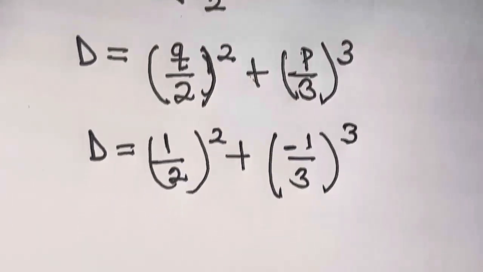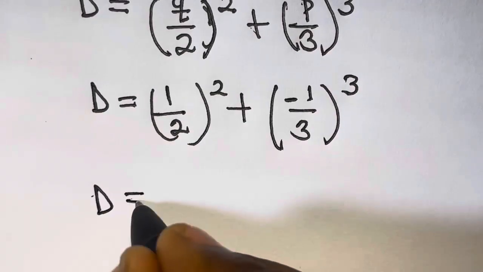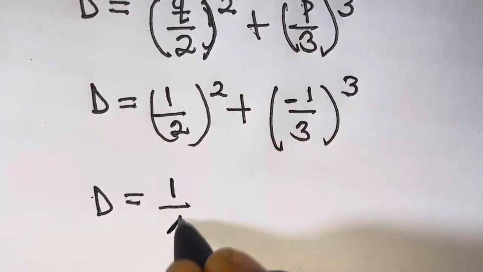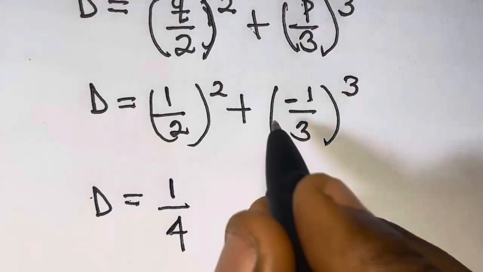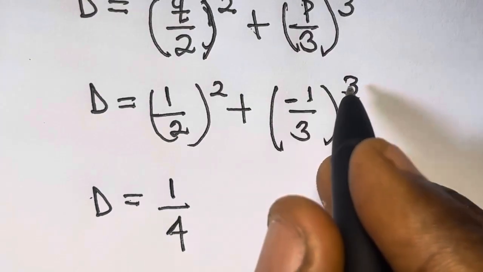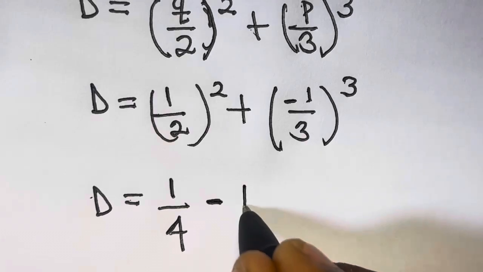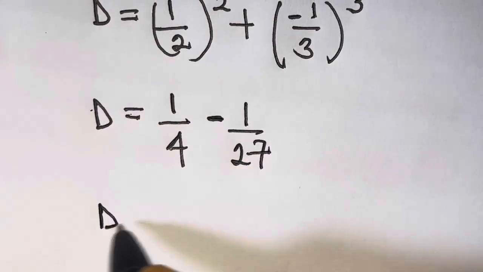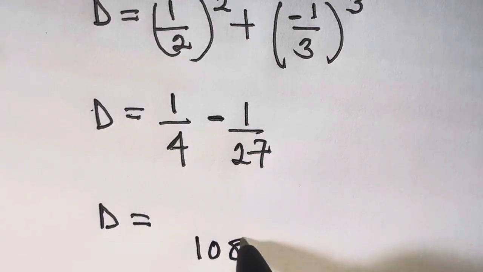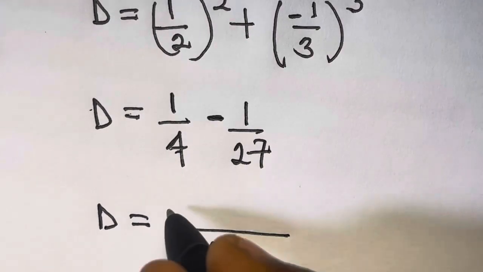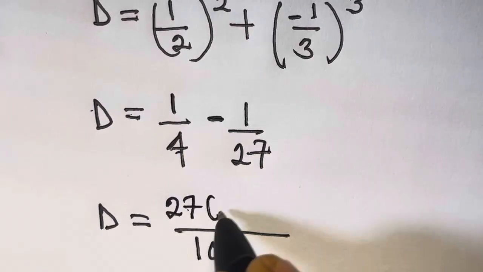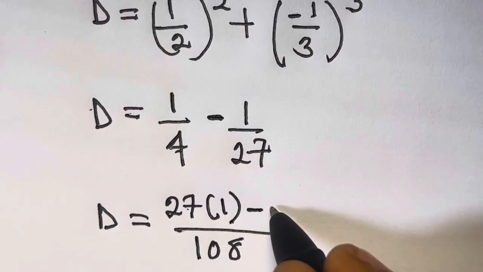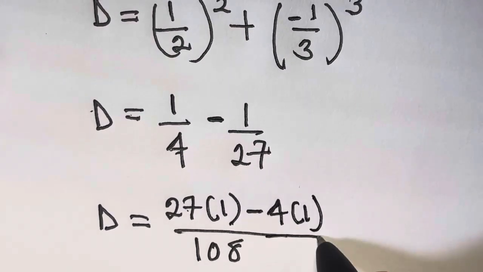So we have d equals 1 squared, we have 1, then 2 squared, we have 4, plus minus 1 cubed, we have minus 1 divided by 27. If you find the LCM of this, we have 108. 4 in 108, we have 27, so 27 times 1, minus 27 in 108, we have 4, and that is 4 times 1.